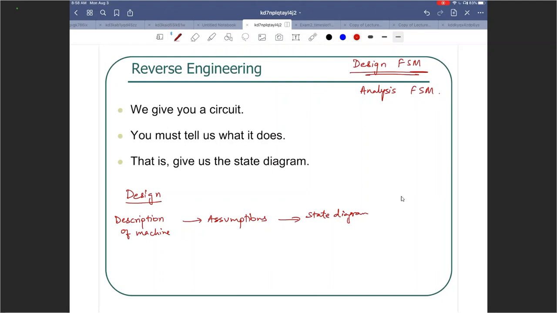Of course, after that there is a state encoded table, then there is a state transition table, choice of the flip-flop, equations, but eventually it ends with a flip-flop based circuit, right? That's your design process. But the analysis is going to be exactly the opposite.